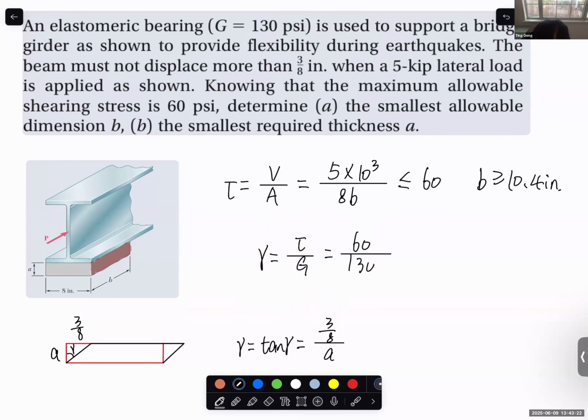Yes, 130 psi. So this is our shear strain.